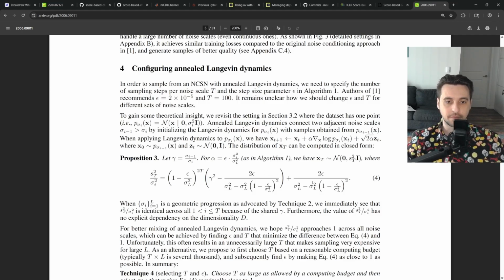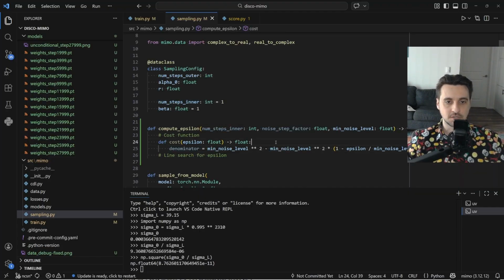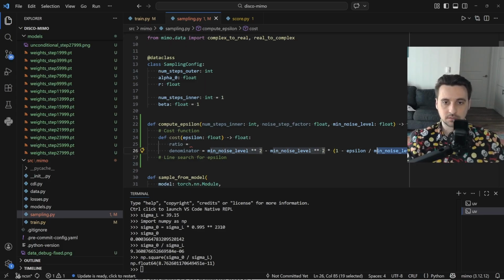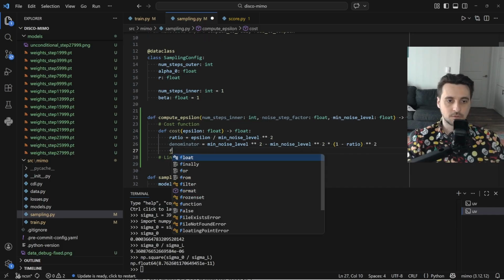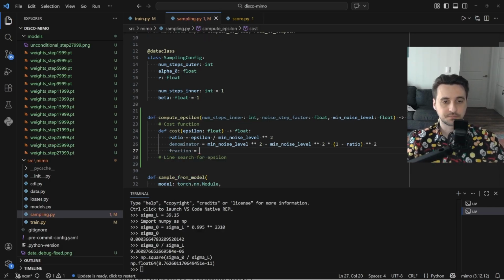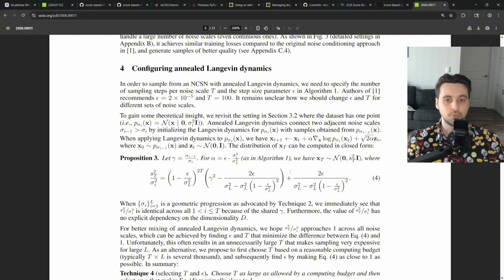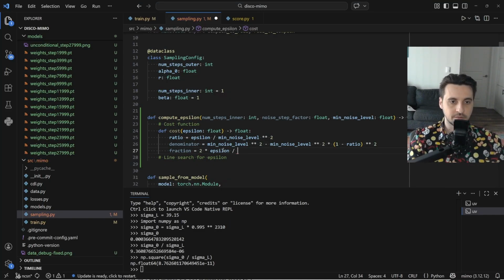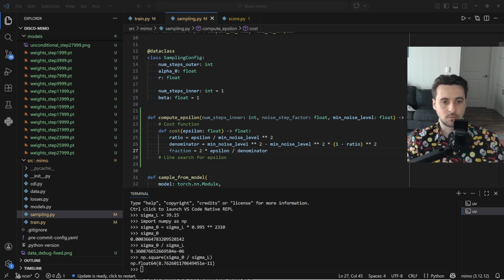Oh, actually, the fraction is the same. It's 2 epsilon then. Oh, actually, wait. We can do this more easily. So ratio is epsilon over this, okay? So the denominator becomes 1 minus ratio squared. The fraction becomes 2 times epsilon divided by the denominator. We're almost there. We have the fraction.